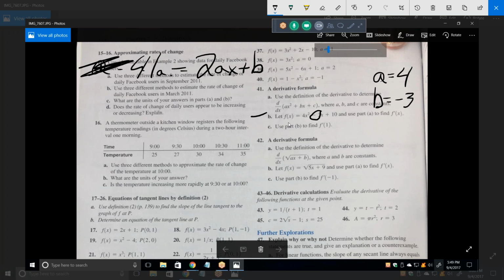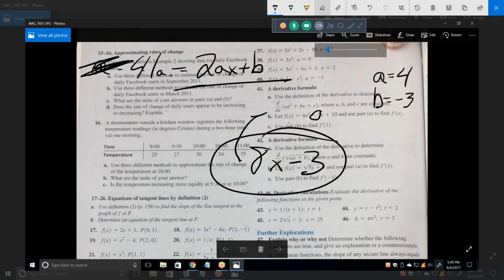Okay. Well, if our derivative is 2ax plus b, what's the f prime of x? 8x minus 3. Good.